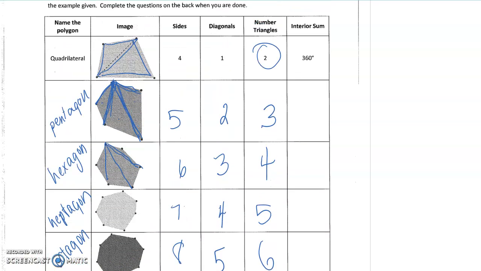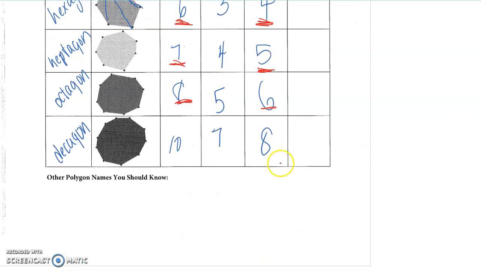Next thing we need to notice is this. If it has 5 sides, okay, it has 3 triangles. If it has 6 sides, it has 4 triangles. 7 sides, 5 triangles. 8 sides, 6 triangles. And then we notice if it has 10 sides, it's 8 triangles.